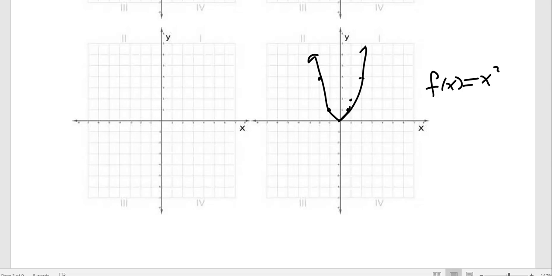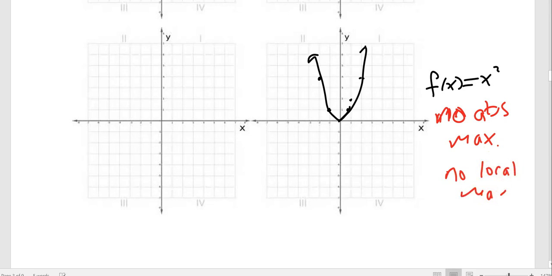Just looking at the graph, you can tell there is no absolute maximum because there is no tallest point on the graph, because it keeps getting higher and higher. There is no local max either, because there's no little hilltop anywhere that you see.